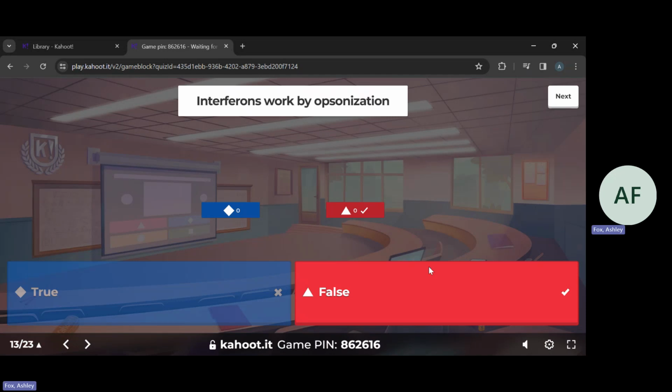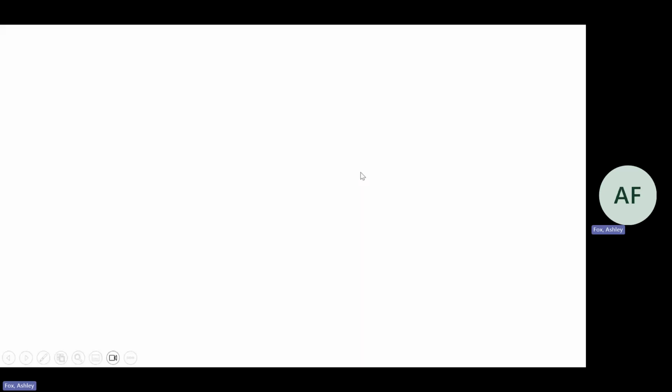This is false. So remember, opsonization is what complement does. So you have a bacteria cell for whatever reason, and opsonization is you surround it with either antibodies or complement proteins and make it so that they can't do any more damage or cause any more issues.